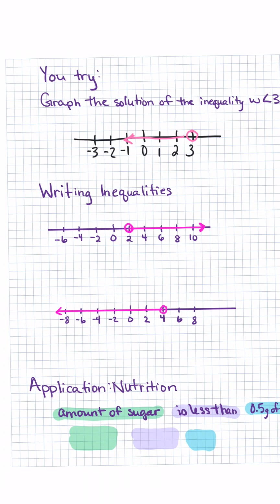So writing inequalities, you may look at a graph and have to write the inequality. So this time we are saying that x, you can use any variable that you'd like, is greater than, but it does not say equal to because it's an open circle, greater than 2.